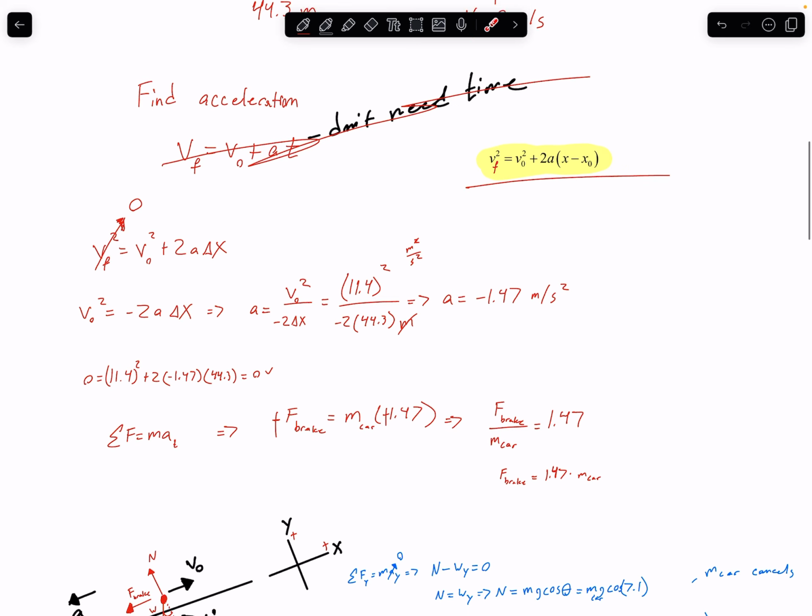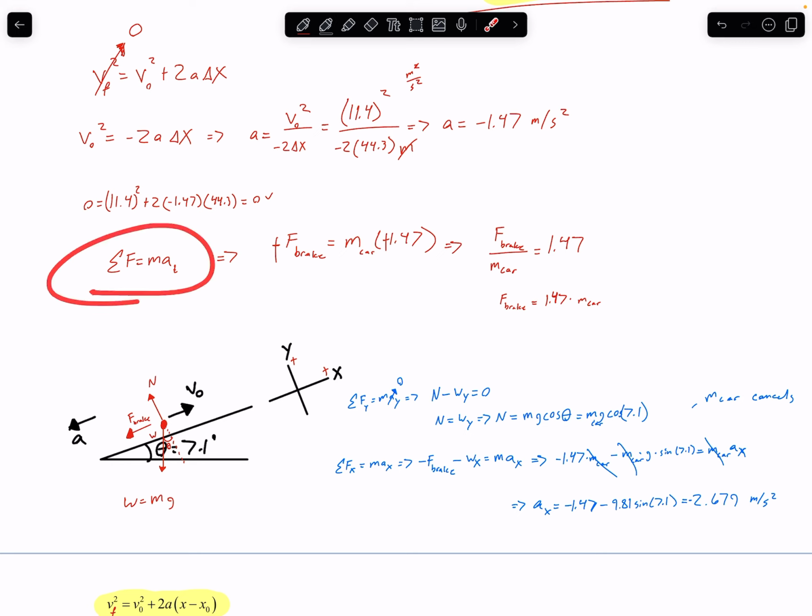Do some algebra, the final velocity goes to 0, move some things around, and we get that the acceleration for the given conditions is negative 1.47 meters per second squared. Still very far away from our final goal. Just checking the work, making sure everything cancels out.